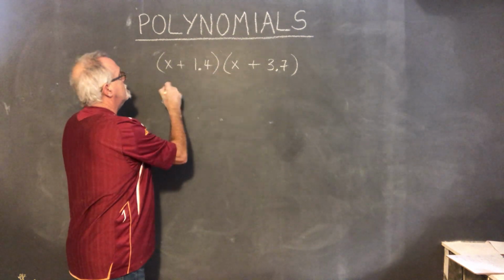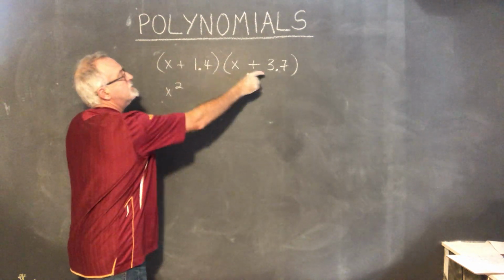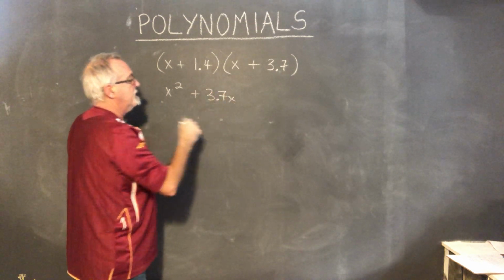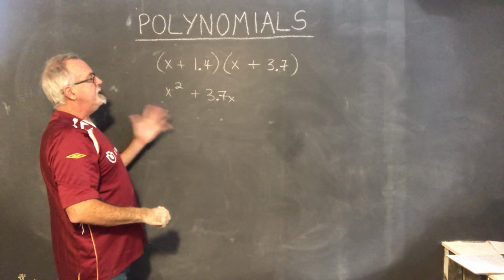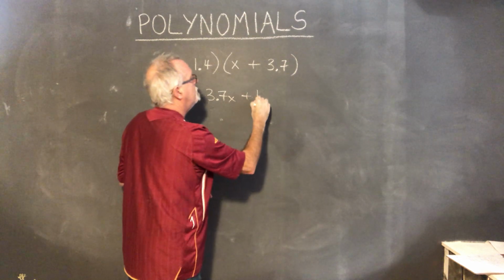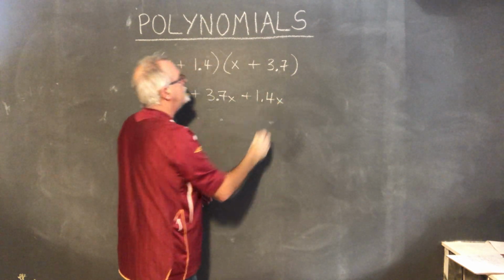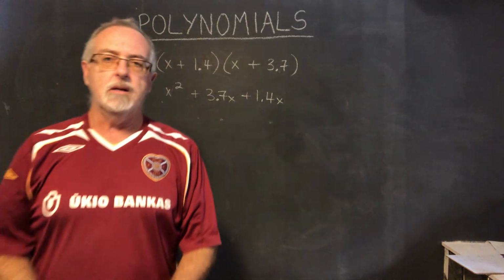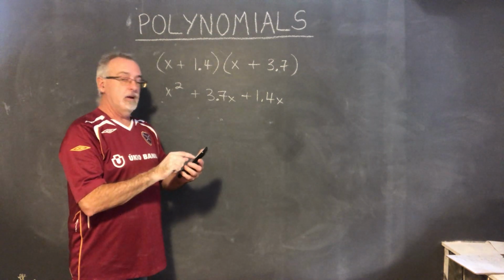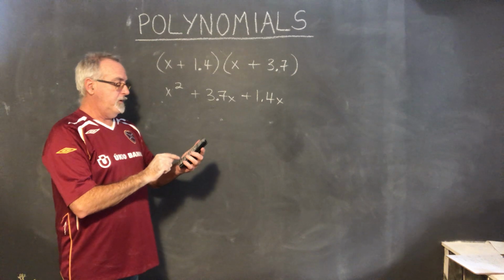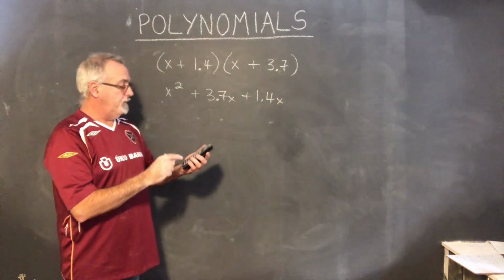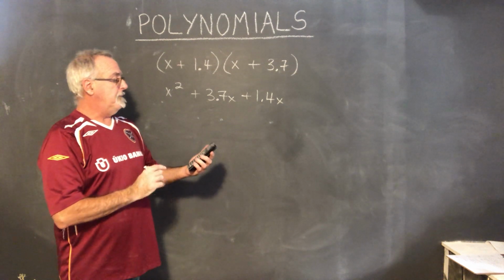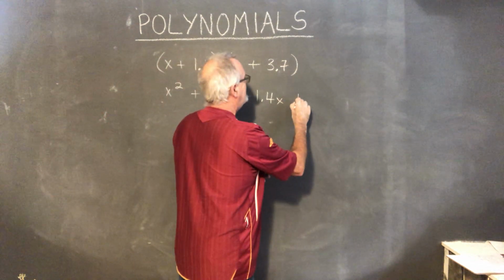First, x times x, that's x squared. Outside, x times 3.7, well, okay, that's just 3.7x. We can handle that. This decimal isn't making things any harder. Inside, 1.4 times x, that's plus 1.4x. Finally, it's the last times the last. Where's my calculator? Yes, I could do it. I mean it. I could do it. 1.4, without the calculator, I mean 1.4 times 3.7. 5.18.